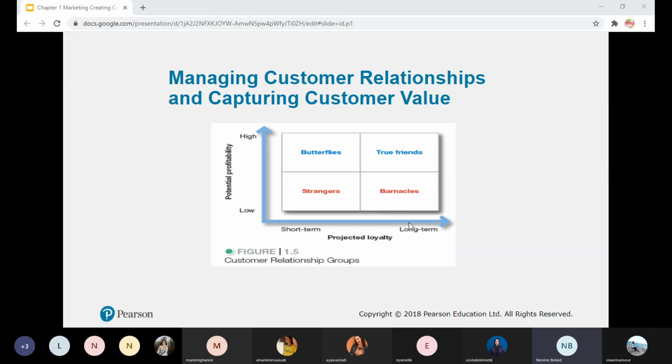The first group, the strangers. Strangers show low potential profitability and little projected loyalty. So we don't have a lot of profit with strangers, and there is not a great projected loyalty.